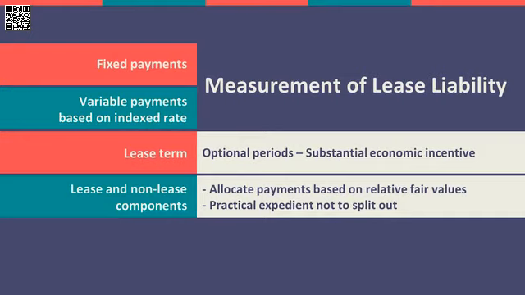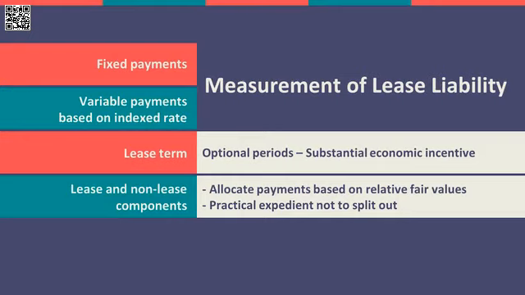Now, there is a practical expedient here that says you don't have to split out the non-lease components if you don't want to. So, for example, if you were leasing a head office and part of the lease payments was paying for the security staff that sit downstairs in the foyer, I would imagine that the wages of the security staff were a very unsubstantial amount in relation to the total payment being paid each month for the building, and therefore the amount of work involved in splitting out the wages of those staff would be disproportionate to the benefit gained from the financial reporting.